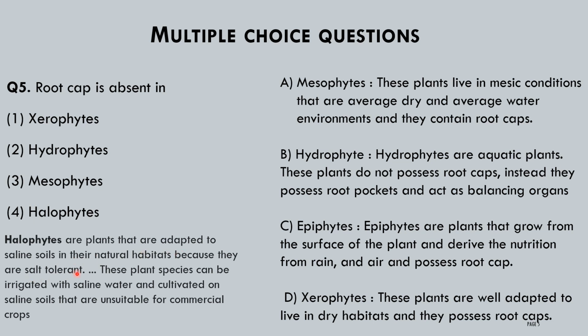They can survive in saline water also. These plant species can be irrigated with saline water and cultivated on saline soils that are unsuitable for commercial crops. Therefore, the correct answer for this question is hydrophytes. They do not contain root cap.